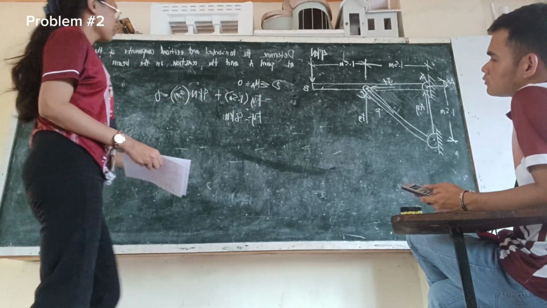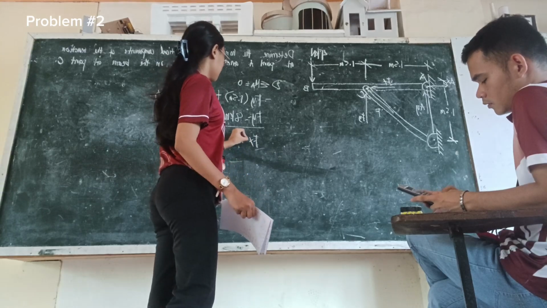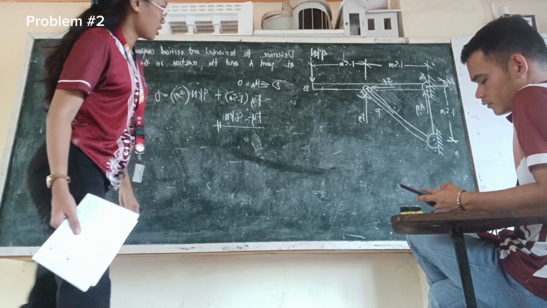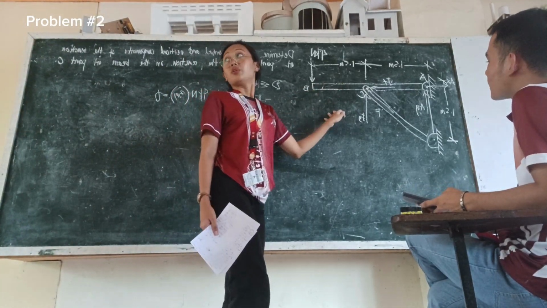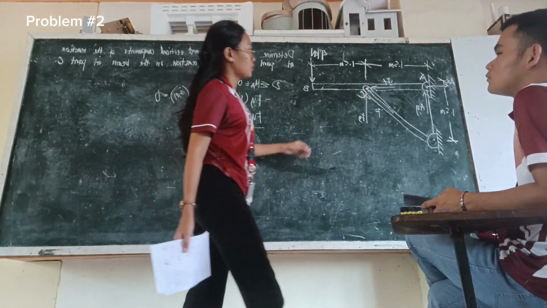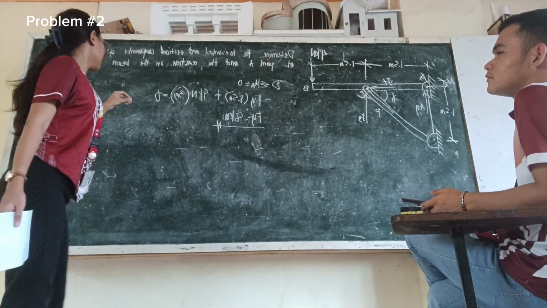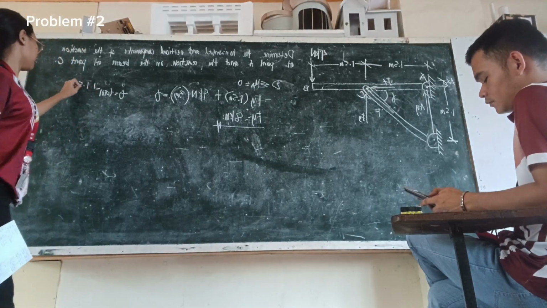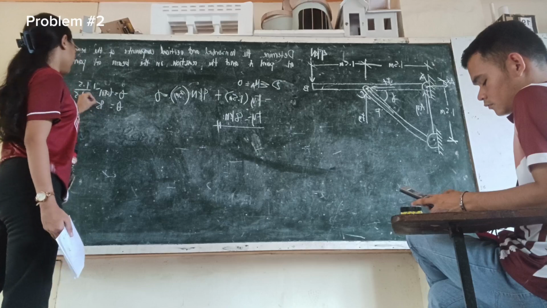So for Fx, as we can see in the figure, it has a triangle here. In order to get theta, we all know that theta is equal to inverse tan of 1.5 over 1.5, so theta is equal to 45 degrees.